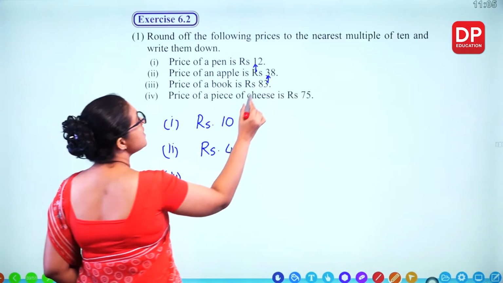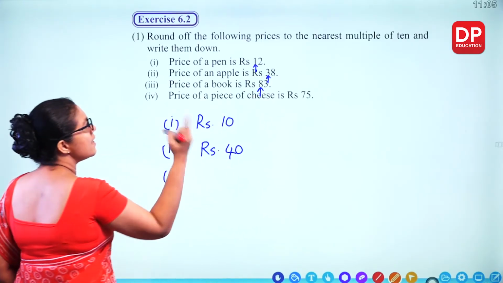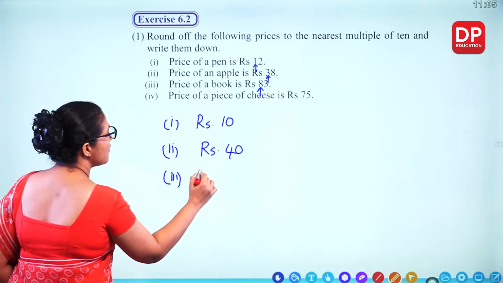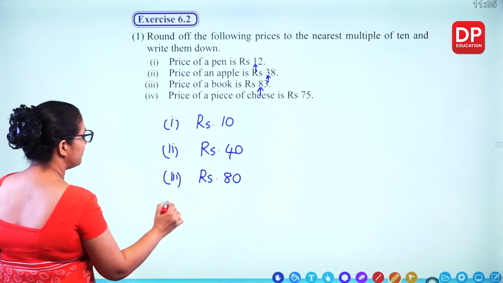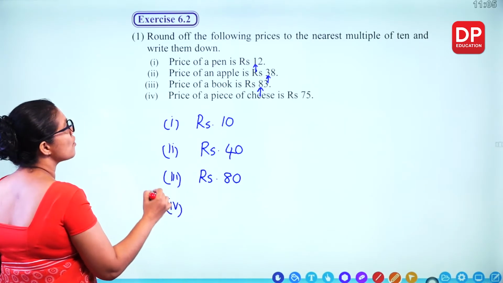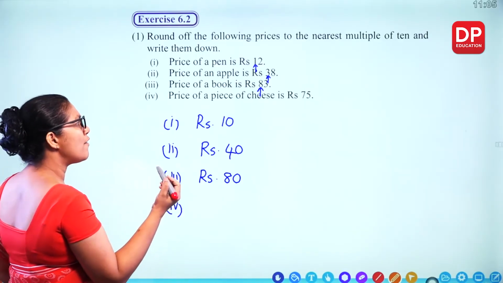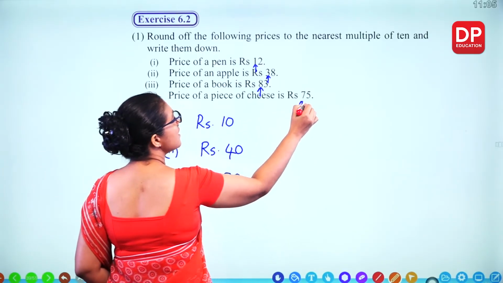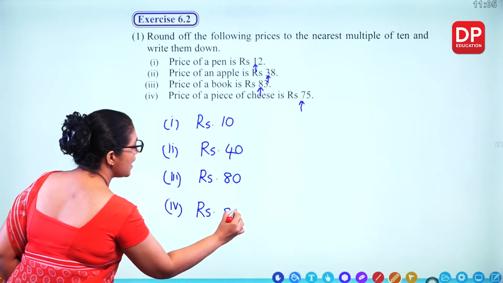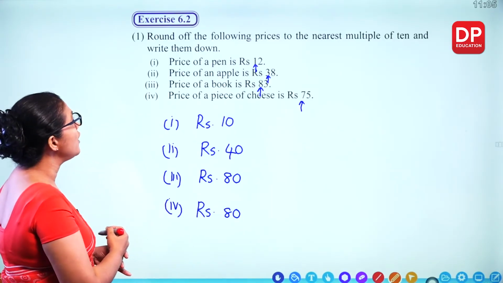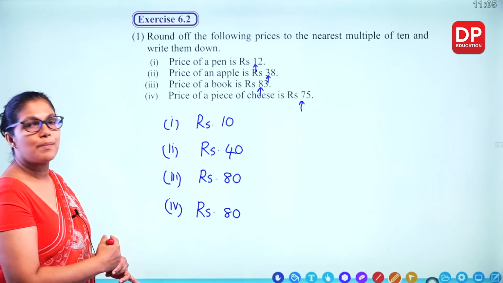Price of a book is 83. So this is 8. Next digit is less than 5. So this becomes 80. And the last one, price of a piece of cheese is 75 rupees. When you take the next digit, you have to add 1. So this becomes 80 rupees. So these are the values rounded to a multiple of 10.